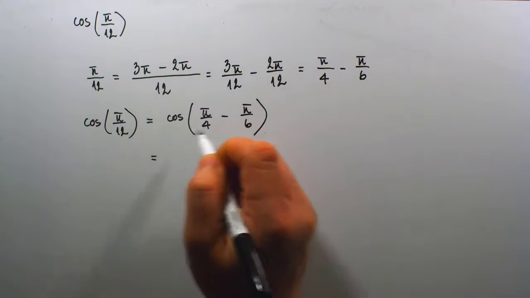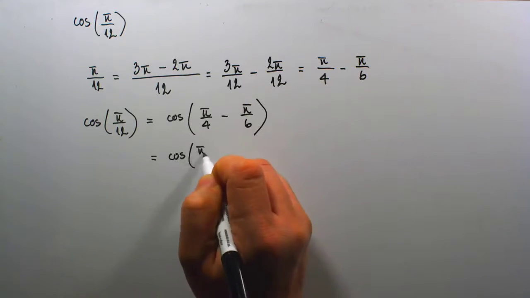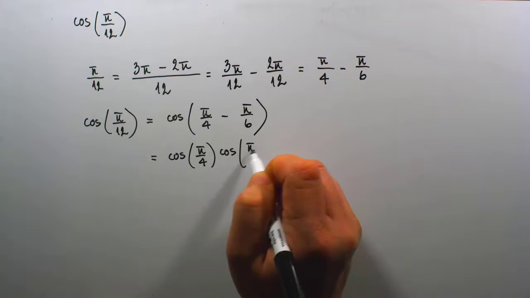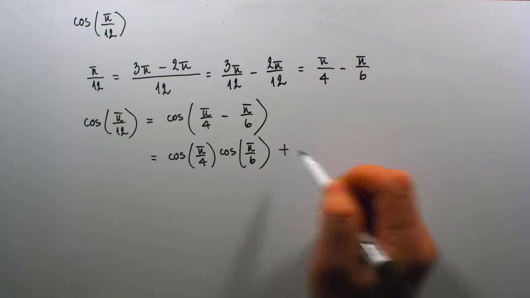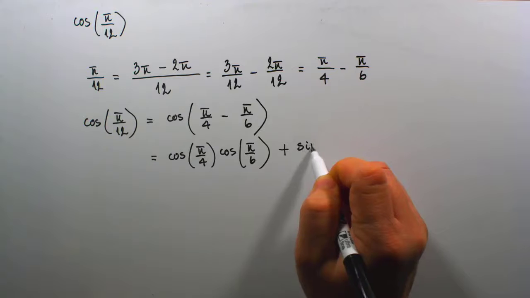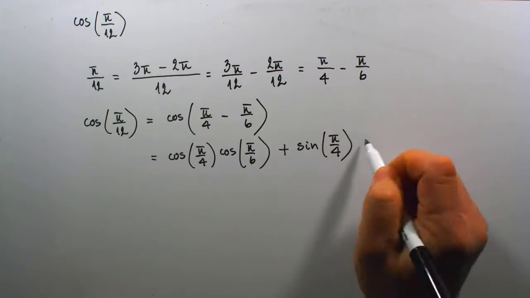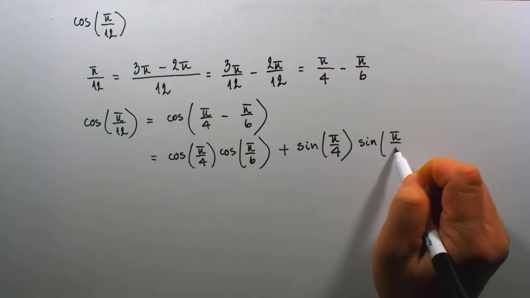So cosine of this difference is going to equal cosine of pi over 4 times cosine of pi over 6. And now the identity says plus, now I'm going to find sine of pi over 4 times sine of pi over 6.